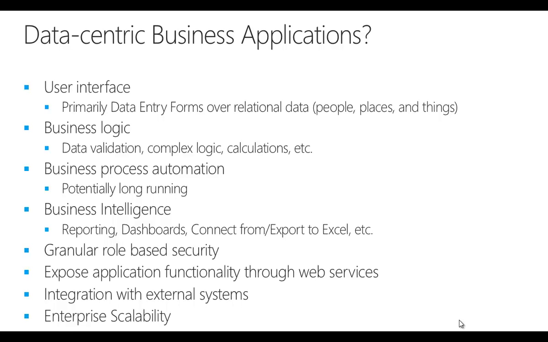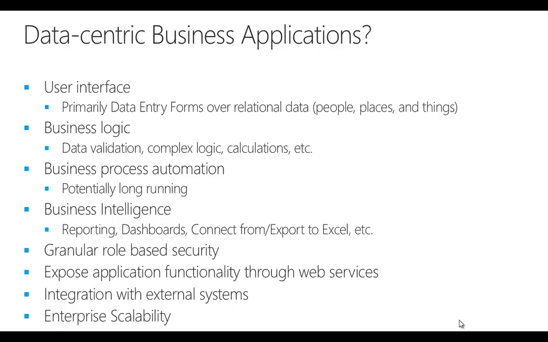Modern business applications almost always have some level of granular role-based security where user X logs in and can see and do certain things. User Y logs in and can see and do a different set of things.